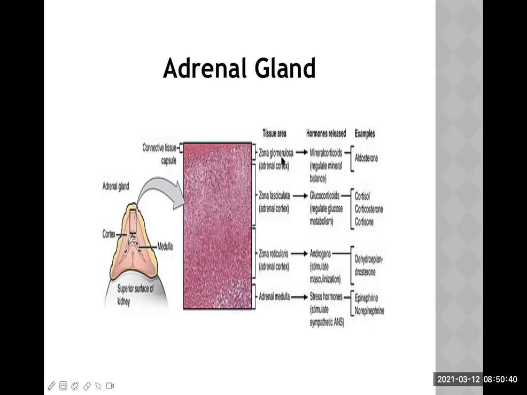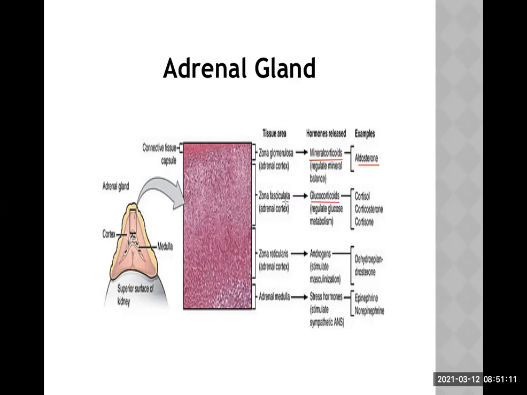Zona glomerulosa, zona fasciculata, and zona reticularis are the three zones of cortex, and this is medulla. Now, these are the hormones which are released from zona glomerulosa. Mineralocorticoids come out, and the most important mineralocorticoid is aldosterone. Remember the name.